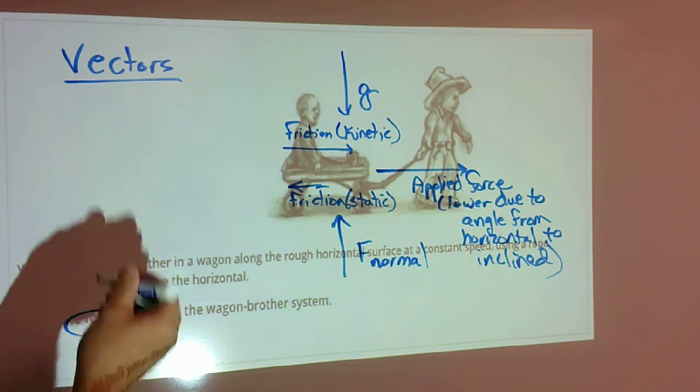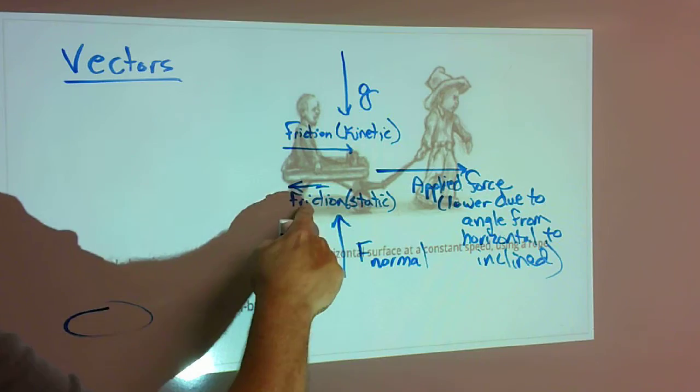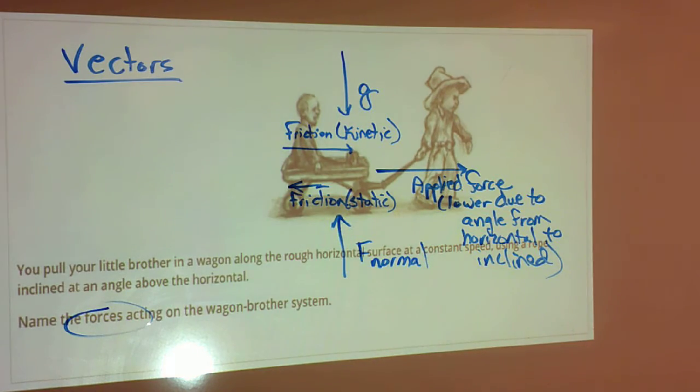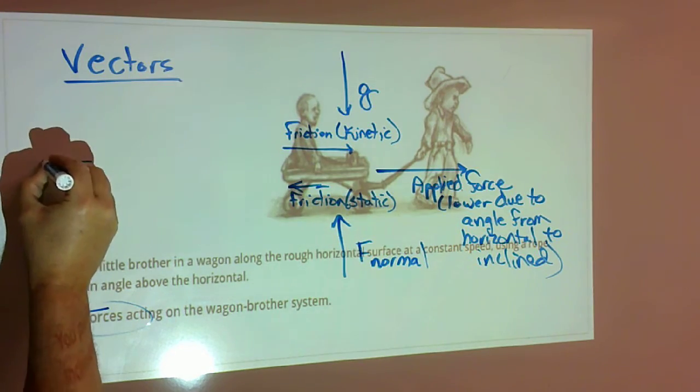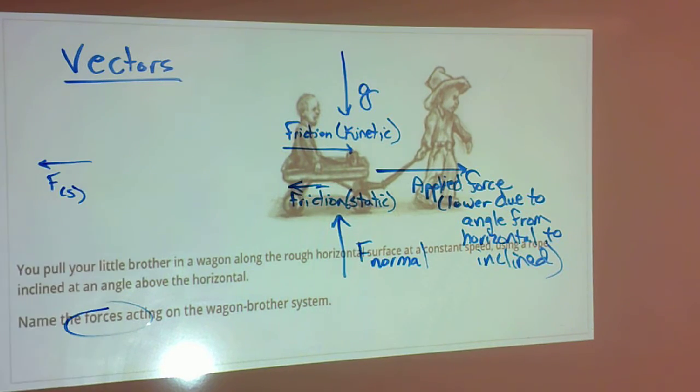But your forces are going to be pointing in the same direction. Your longer lines are going to be the larger applied forces. These are going to be pretty much the same, and this one's going to be a little larger than this one. So let's go vector arrows, let's go here, and then we could go friction static.